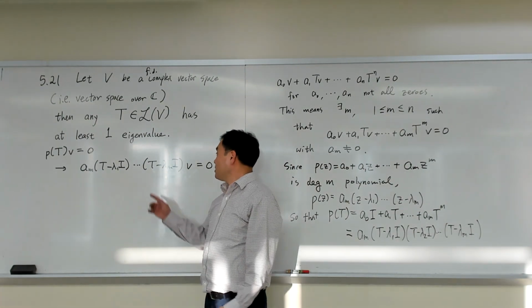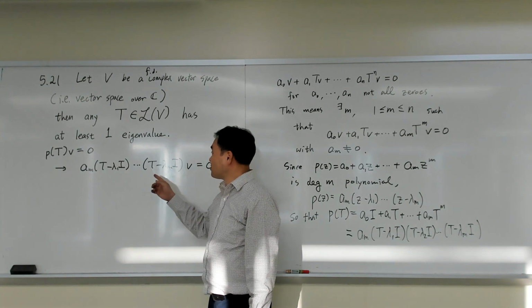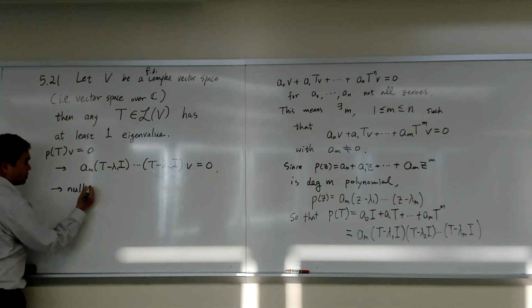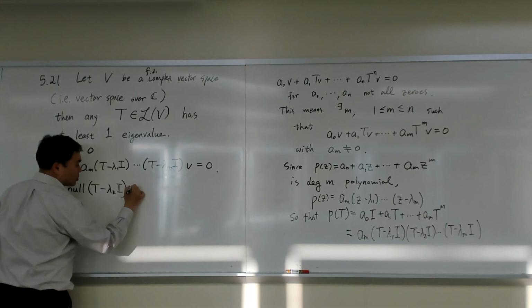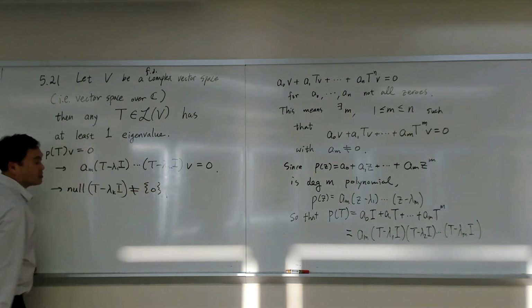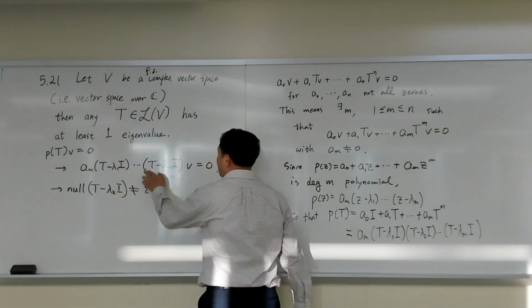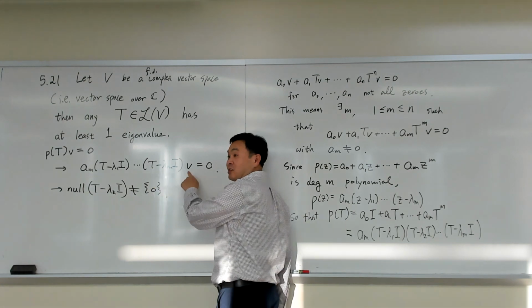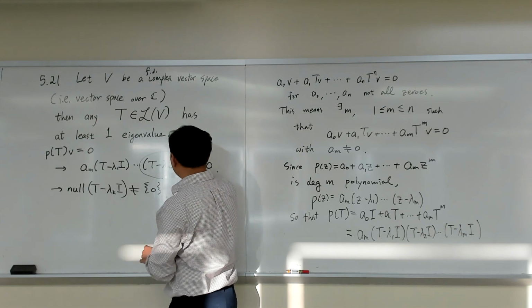But if this is true, then at least at some point, the null space of T minus lambda k I is not equal to just the trivial one, right? And the argument goes like this. Maybe this is 0. If this is 0, then the null space of this is just this, right? Suppose this is not 0, then just call this V1.